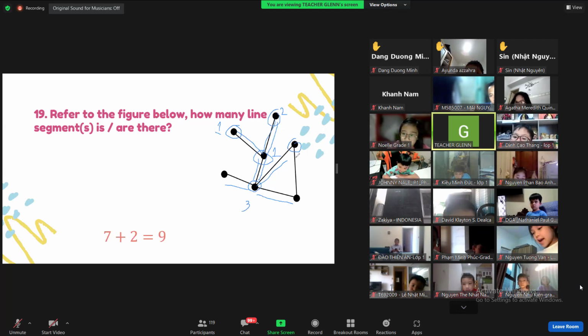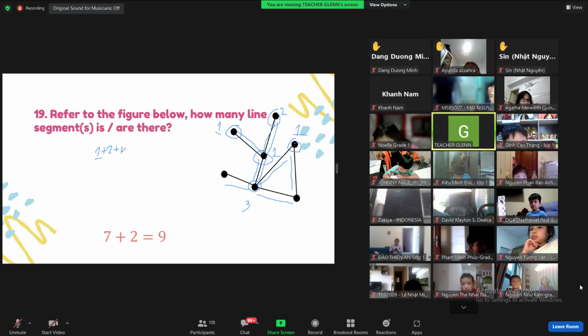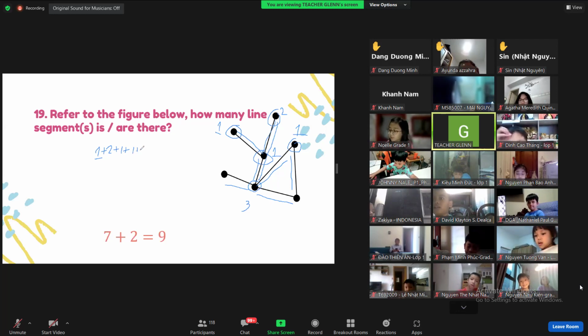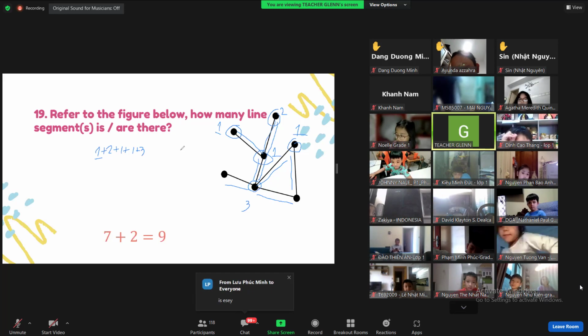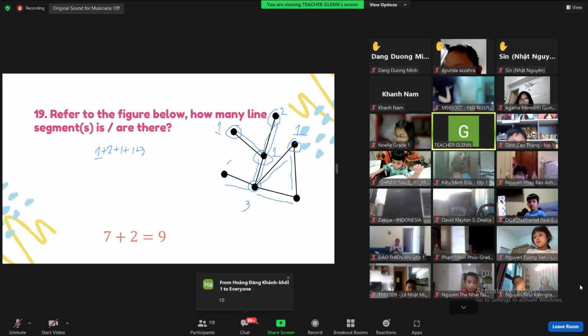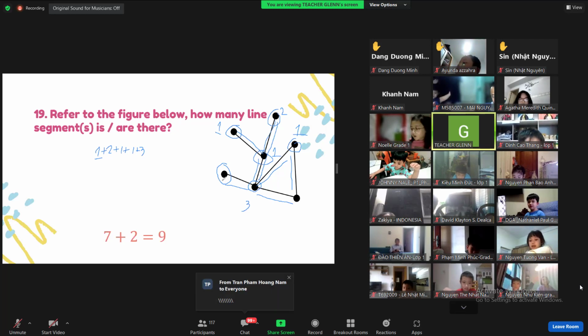And lastly, this dot has 1. So we're going to add 1 plus 2 plus 1 plus 1 plus 3. And this one is also connected here.